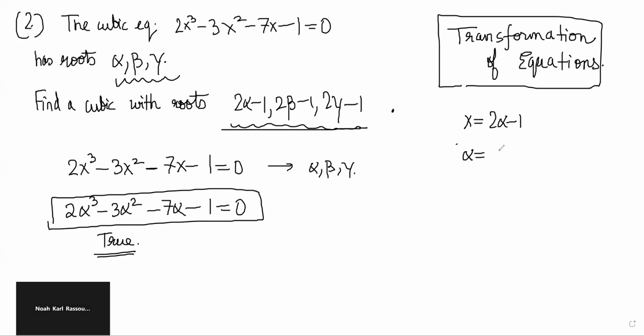So alpha is x plus 1 by 2, right? And we know an equation where alpha is there, right? We will put instead of alpha, alpha is x plus 1 by 2.